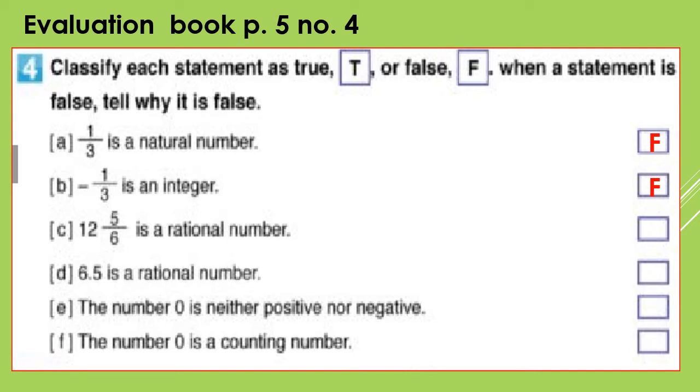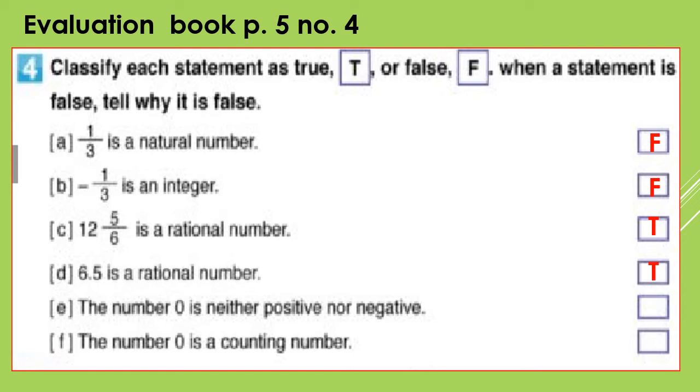Both numerator and denominator belong to Z, and the denominator is not equal to 0, so it will be true. Letter D, 6.5 is a rational number. Can you write it in the form a over b? Yes, 65 over 10. It will be true.